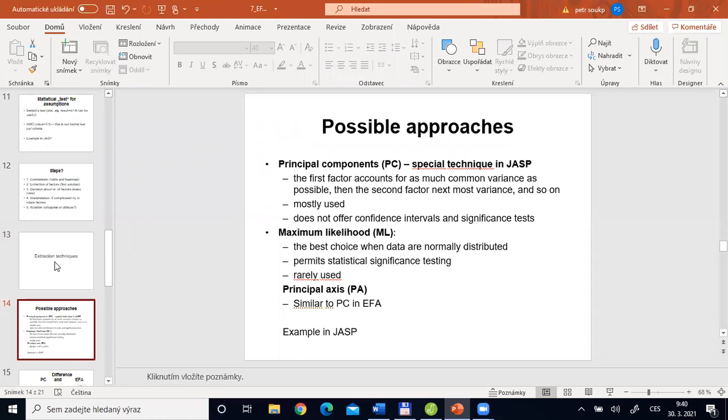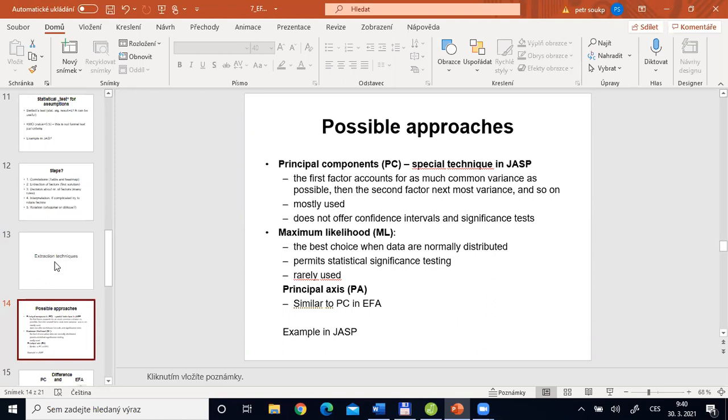The second option, which is sometimes inside the dialog for factor analysis and sometimes a different dialog, is the logic of so-called principal components. In JASP, it is a special technique, so there is a special part of the menu devoted to it. In SPSS, for example, you can find it inside the dialog for factor analysis.